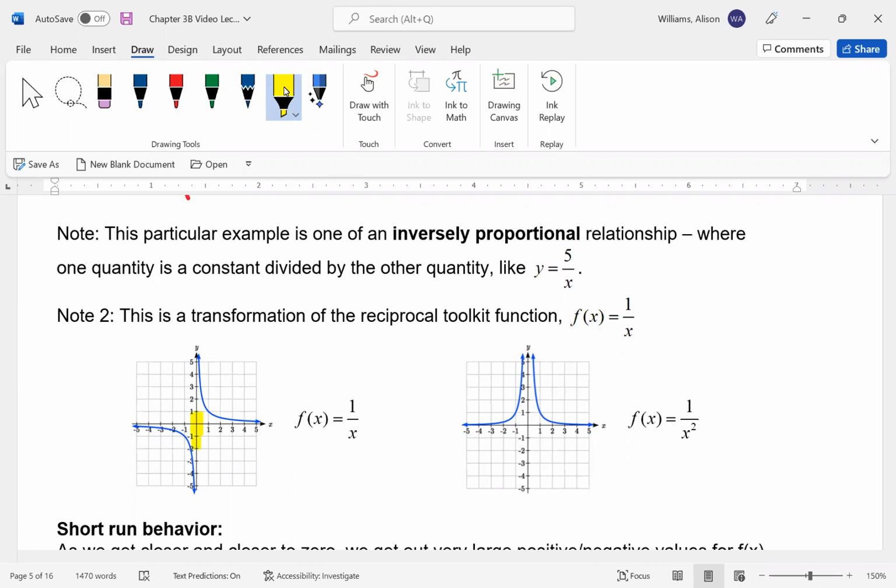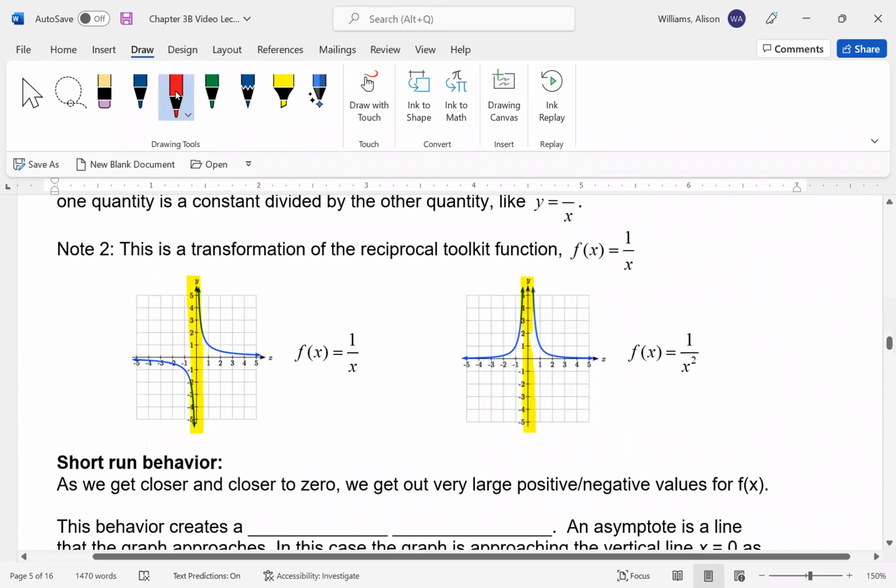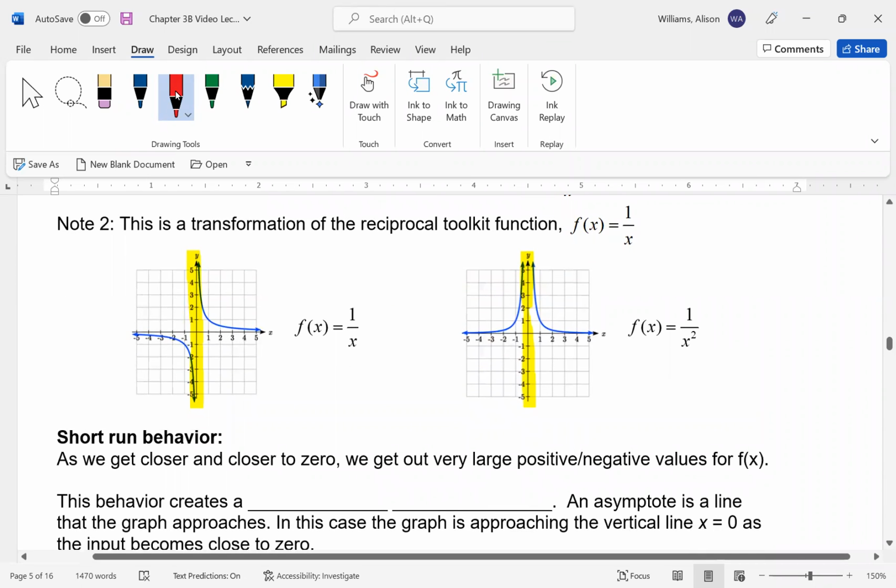Something interesting happens with the function where it doesn't end up crossing there. And that also happens with 1 over x squared at that same moment, right? At x equals 0, it doesn't end up crossing that point. That is what the book is going to refer to as short run behavior. And what we're seeing here is a vertical asymptote.